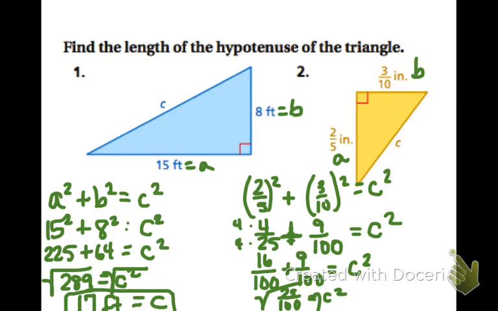So taking the square root of both sides would give us 5 over 10, which could be simplified to 1 over 2 inches, that is equal to c. So 1/2 an inch, and if you do it in decimal form, that would be fine. But don't forget that working with these fractions is pretty easy because we're just squaring and taking the square root of some very small perfect squares. You could even do that without the use of a calculator.